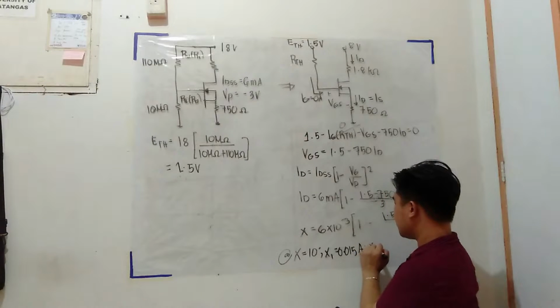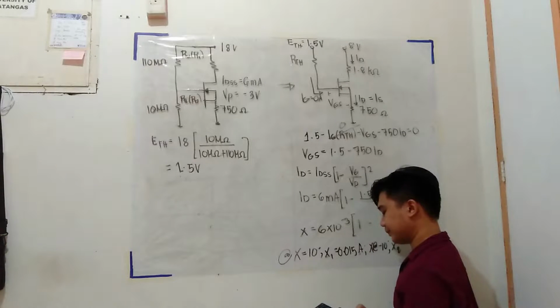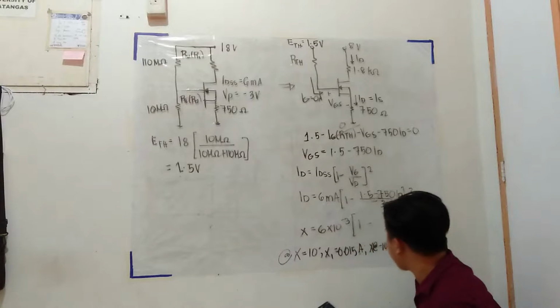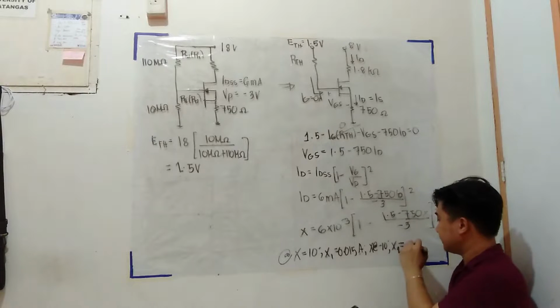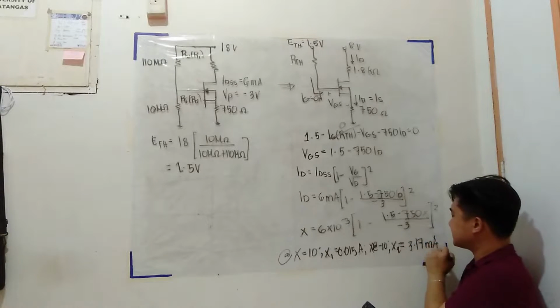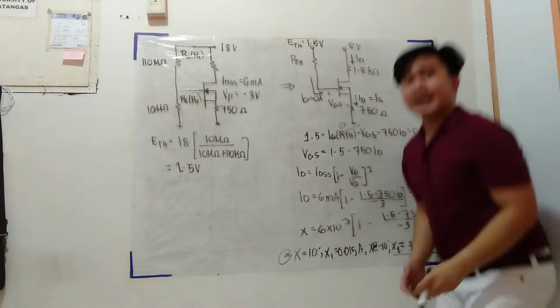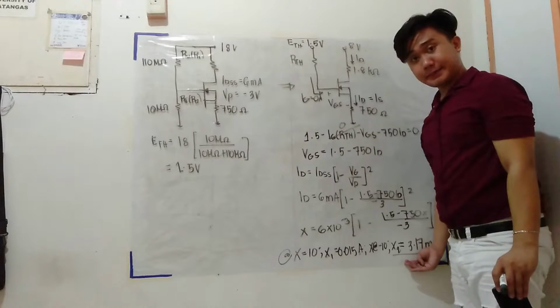Pag naman sinet ko ang X ko at negative 10, ang makukuha kong value ng X2 ay 3.17 milliamperes. Okay? Again po, ang pipiliin natin, guys, is yung mas mababa.